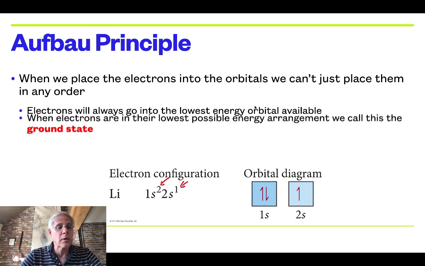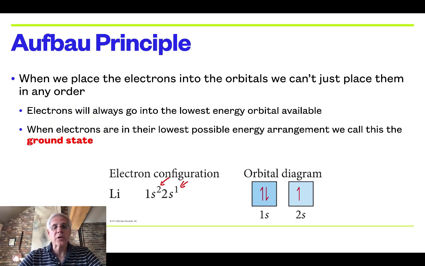So there we go. And when electrons are in their lowest possible energy arrangement, like we have here for lithium, we say that this is the ground state. Okay, so when we refer to an atom in its ground state, that means that all of the electrons are in their lowest possible energy.